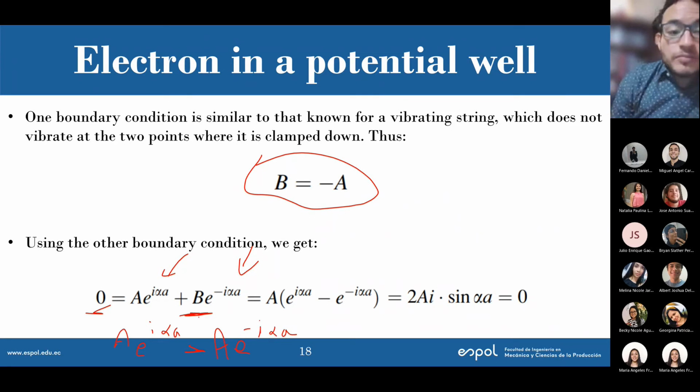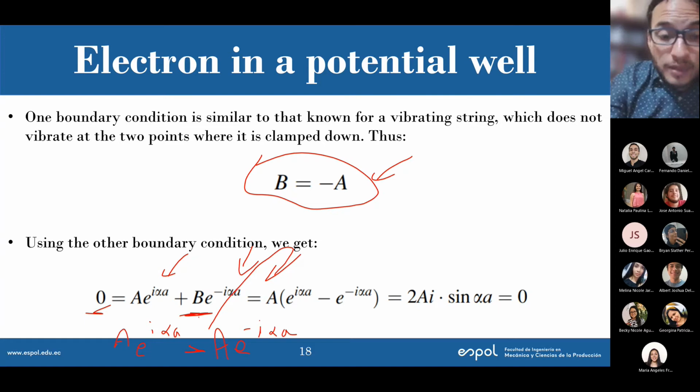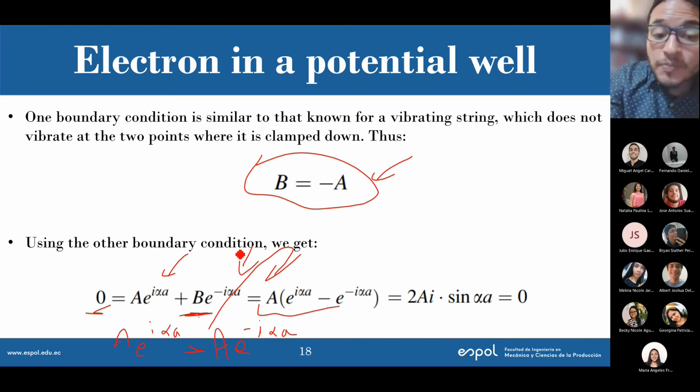I'm just replacing b with negative a. And therefore you can associate common terms. So a common term, and then you get e to the i alpha a minus e to the negative i alpha a. I think this is quite clear and easy.